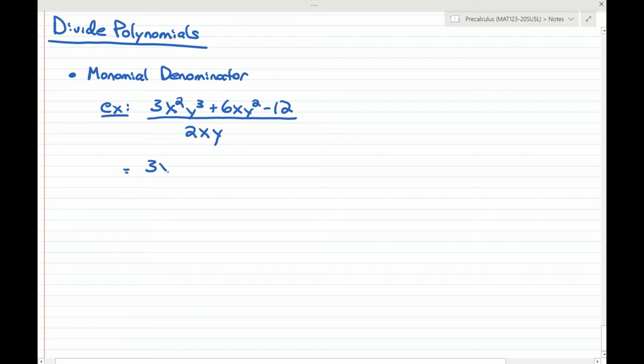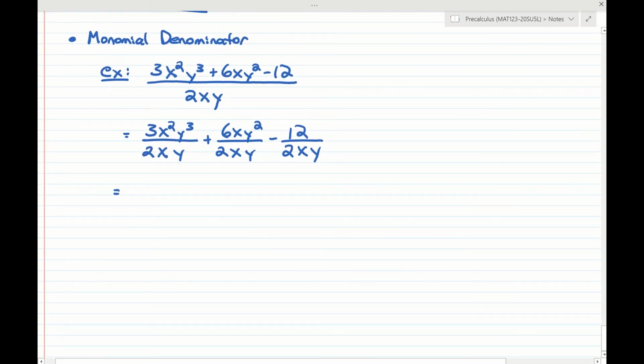I'm going to separate this: 3x squared y to the third divided by 2xy, plus 6xy squared divided by 2xy, minus 12 divided by 2xy. And we'll just go step by step. 3 divided by 2 is just 3/2. We don't really use decimals in this class or beyond. X squared divided by x, we subtract them. It's x to the first, y to the second.